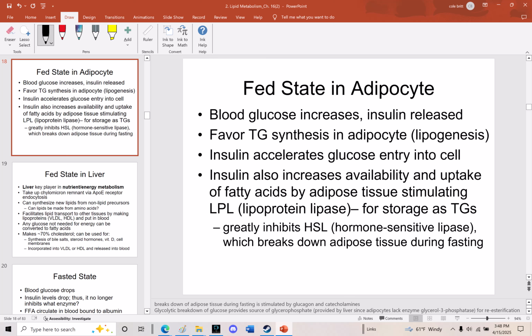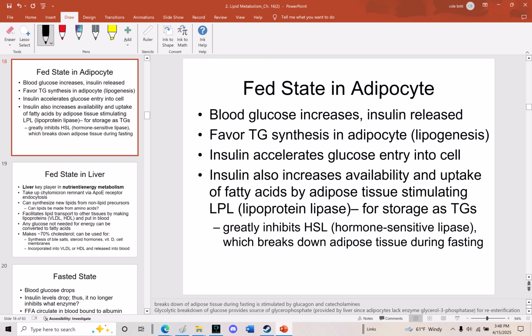And what activates lipoprotein lipase? Insulin activates it. So without lipoprotein lipase, you can't really get the fatty acids from the chylomicron. You need lipoprotein lipase, and insulin is what's going to activate it. And then you can store it as triglycerides in your fat tissue.